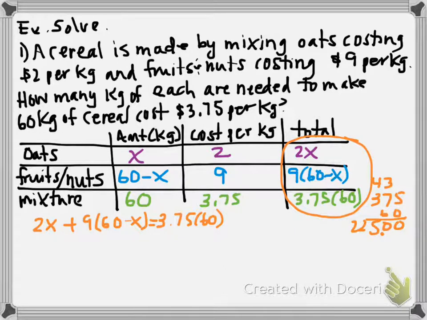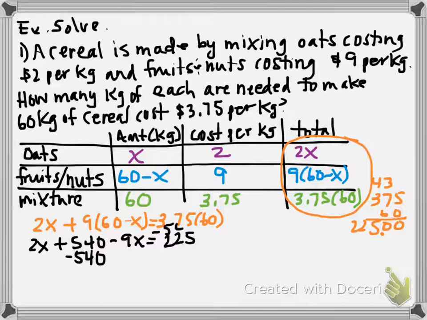Okay, so here we are at 2x. Now I'm going to distribute: 540 minus 9x equals that 225. So I'm going to subtract the 540 from both sides. Now I'm going to put it up on top so I can do the subtraction a little bit more easily, and then combine 2x and negative 9x for a total of negative 7x. So when I do the subtraction, over here, I'm going to have to do some renaming.